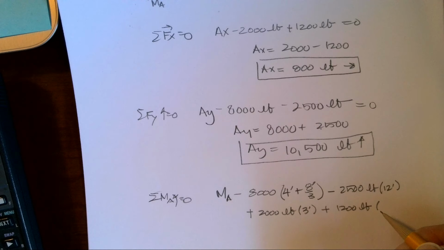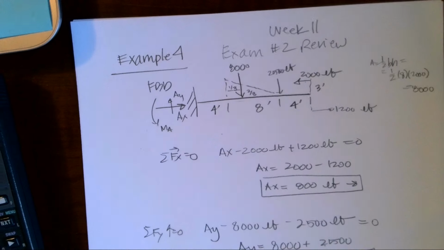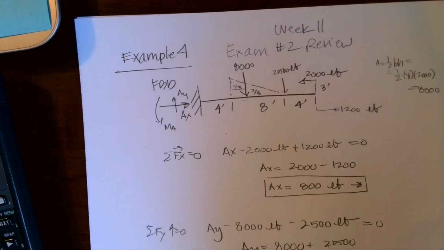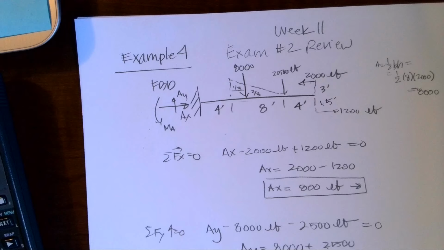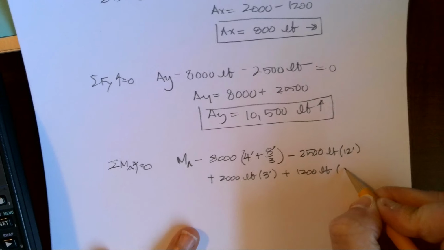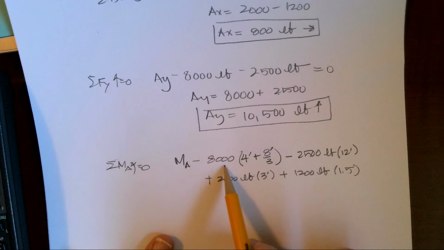Let me look back up at my picture because I didn't put it on my free body diagram. And it looks like it is 1 foot 6 inches. So we're going to call that 1.5 feet so that we're in consistent units of feet. So I'm going to have 1,200 times 1.5. So I think I have everything on there. All of this equals 0.